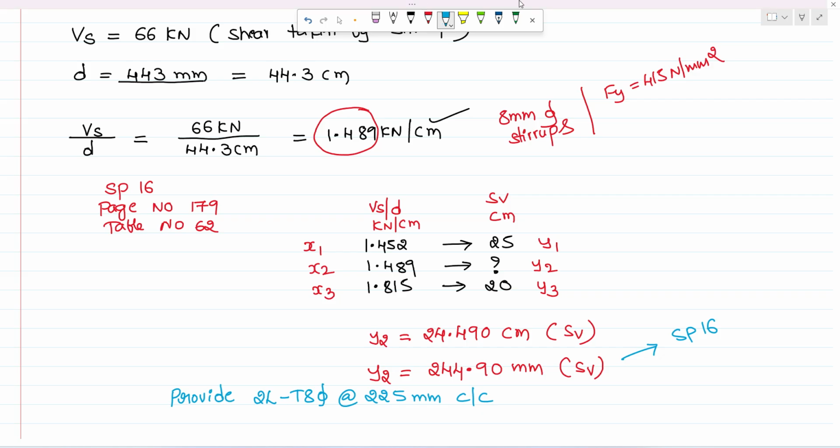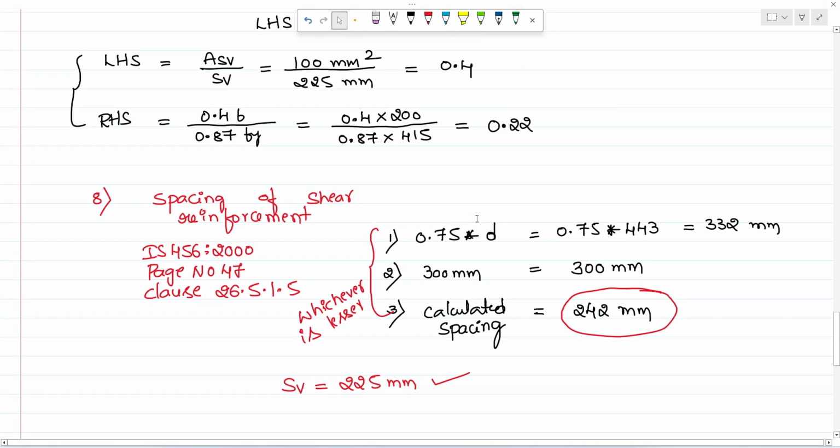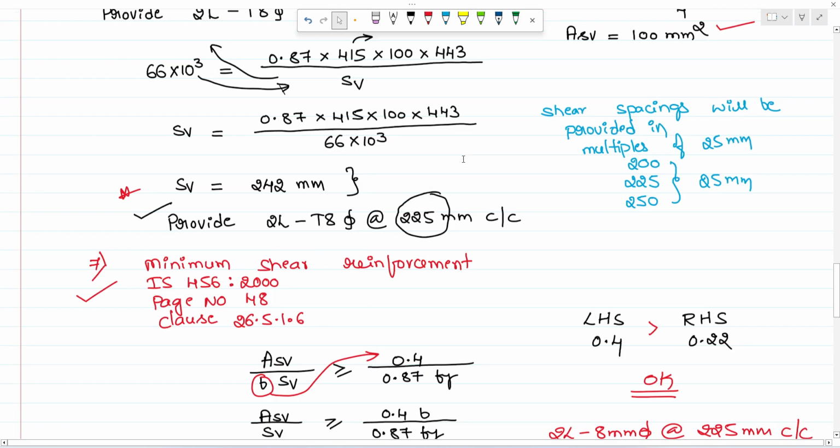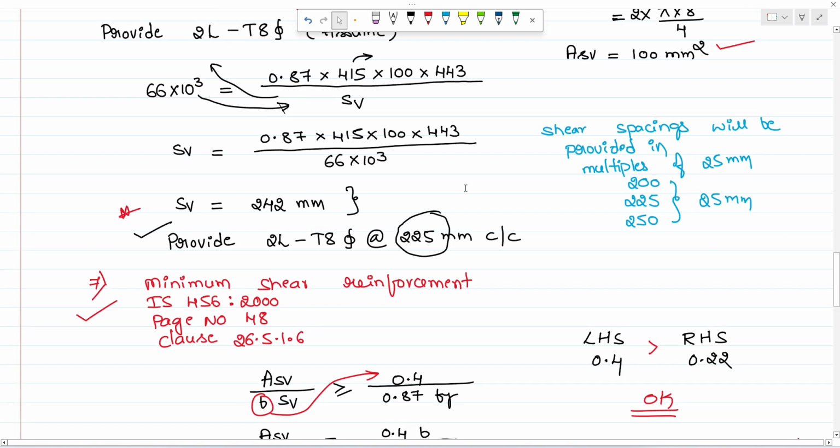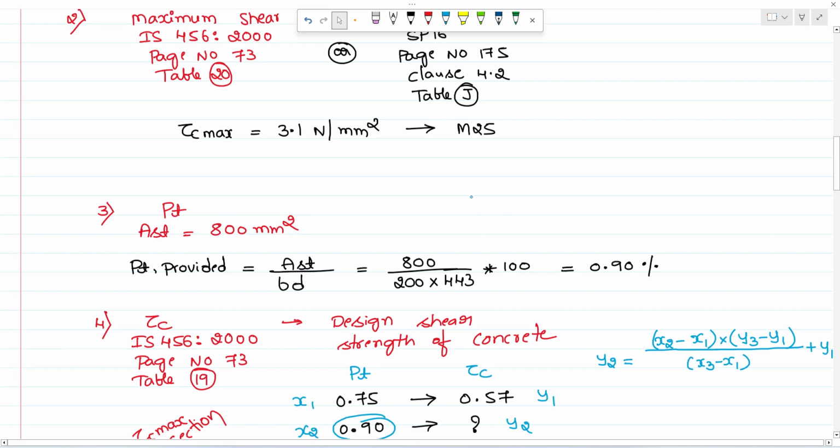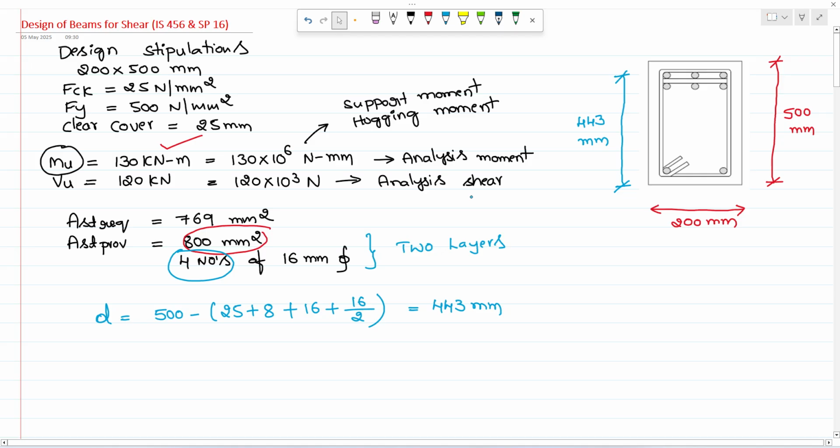In the IS 456 method, you arrived at a spacing of 242. So either you can go with IS 456 or SP16 methods for design of beams for shear force.